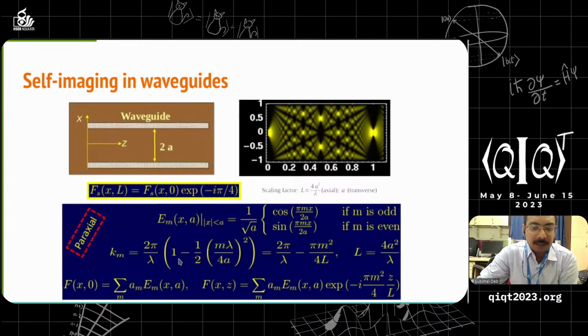I say that it is approximate because an accurate expression would give you a square root of the term in brackets, this 1 minus m square lambda square by 16a square. You wouldn't have the half term. And this leads to a very beautiful carpet, and you will have a perfect reproduction of the input field at this revival distance, which is L, or 4a square over lambda, a being half the guide.